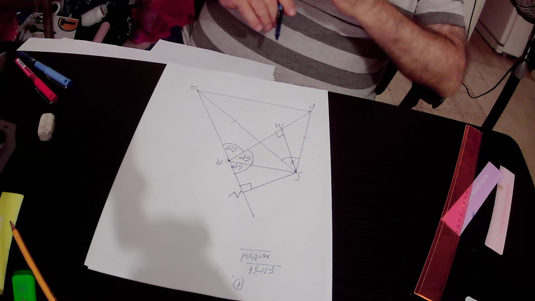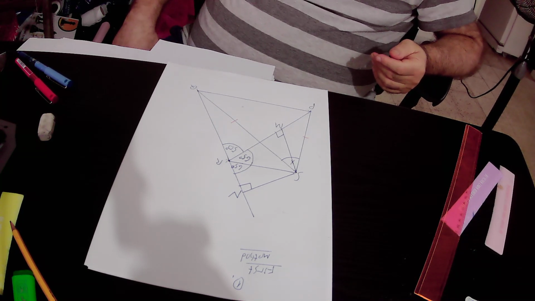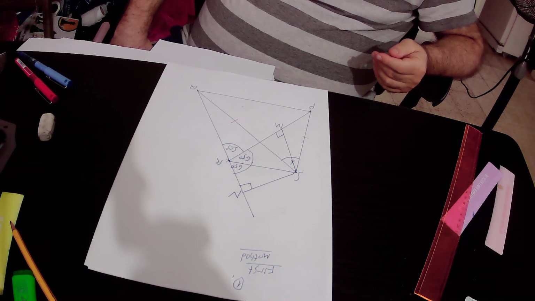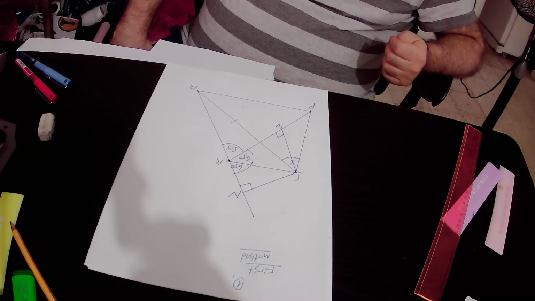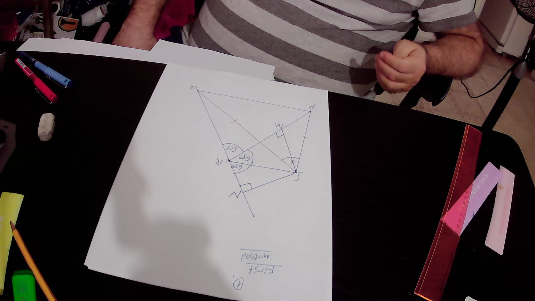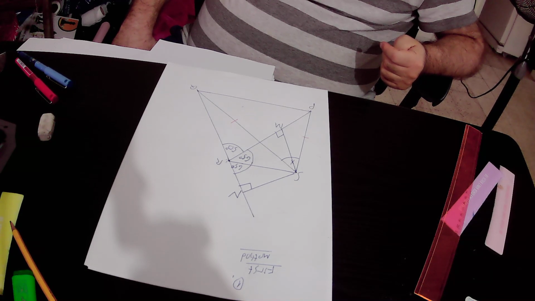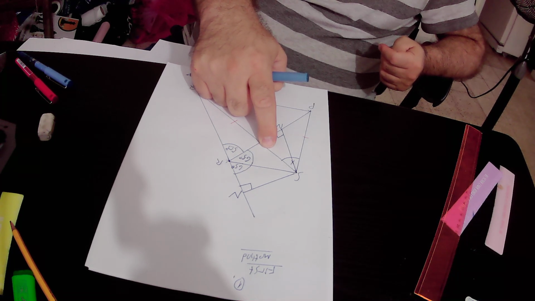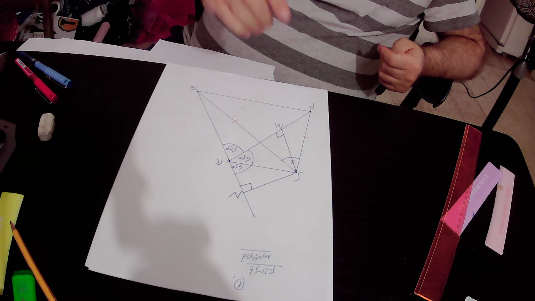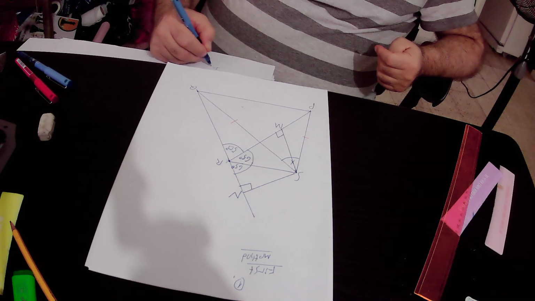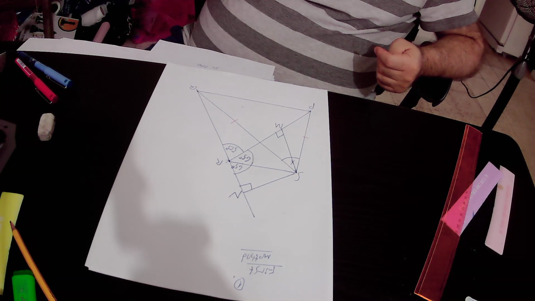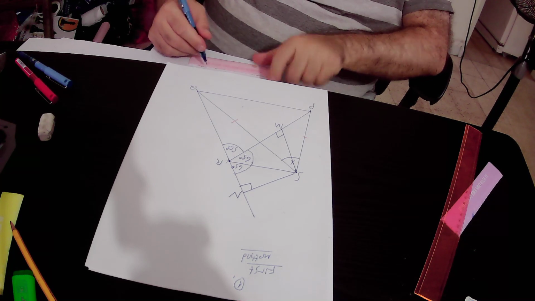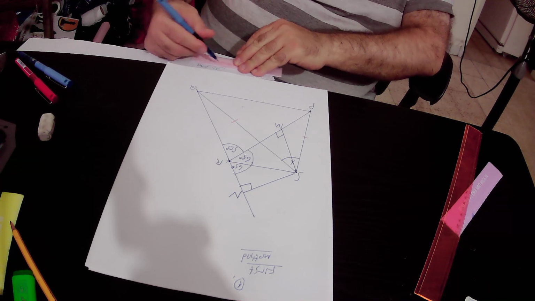And we also know that the sum of the angles in any triangle equals 180 degrees. So if we focus on the right triangle SMR, the sum of the angles must be equal to 180 degrees.